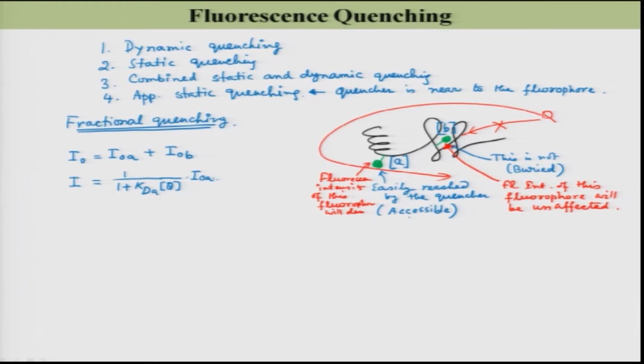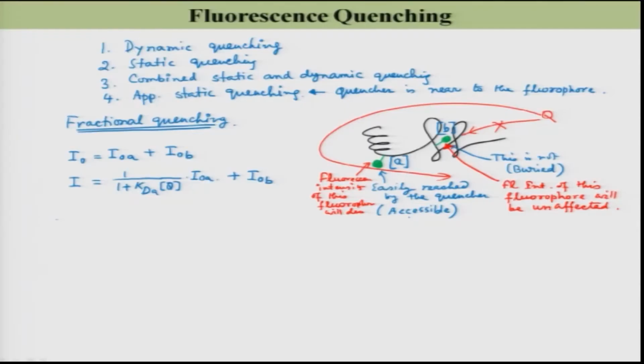Remember I 0 by I equal to 1 plus K d A into Q. So, from here I have written plus I 0 B, because the I 0 B fluorescence is unaffected, because the quencher cannot reach that site B to quench the fluorescence of this fluorophore which is marked as B. So, I 0 B will be I 0 B even after you add the quencher molecule. Clear?